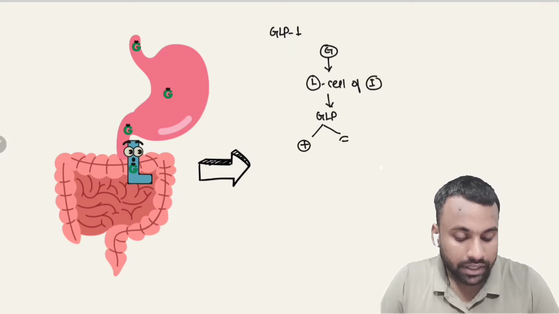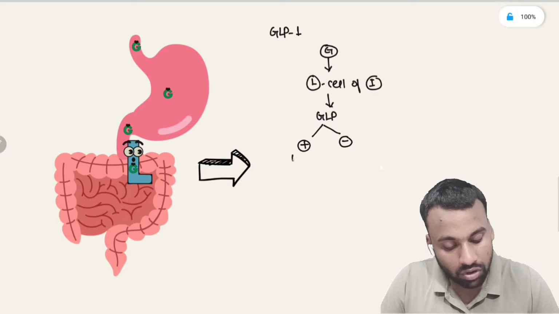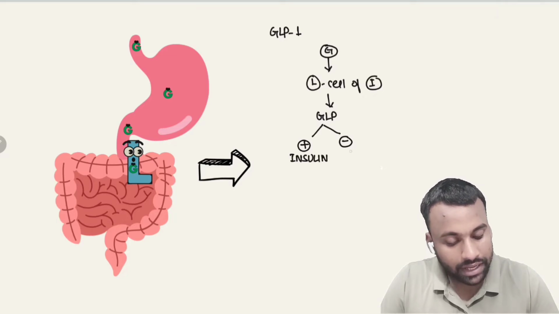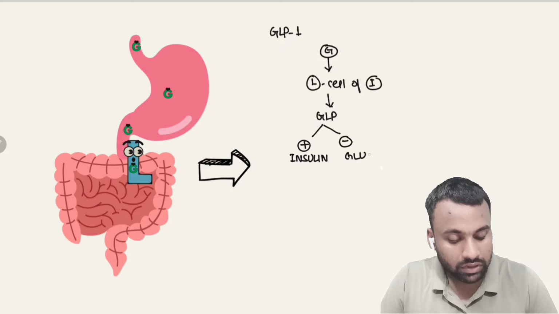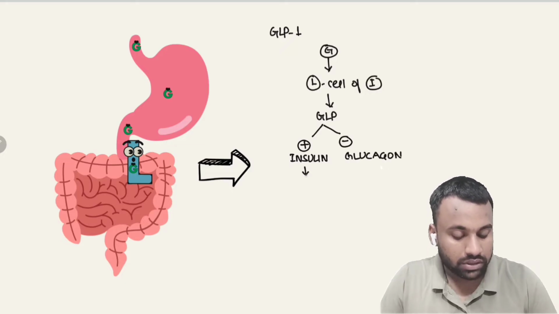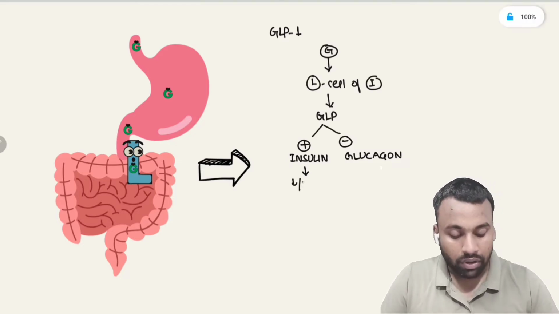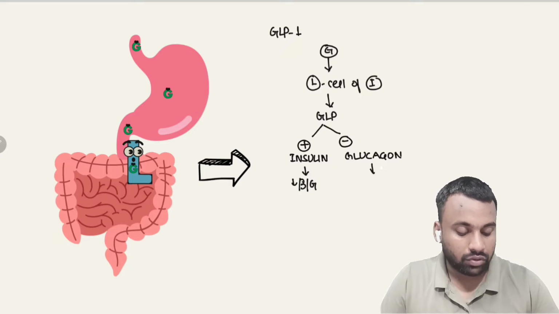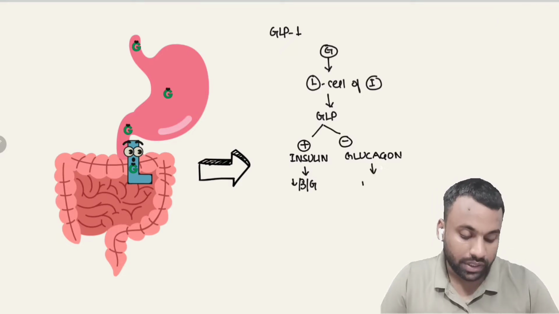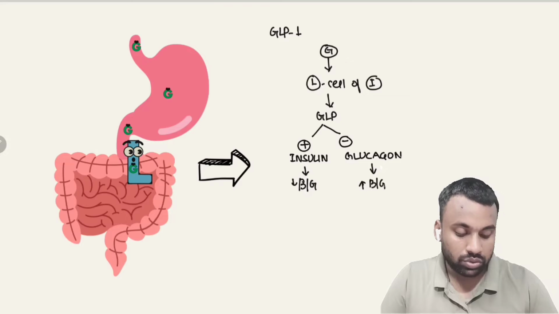This GLP is responsible for activation of insulin and deactivation of glucagon. The function of insulin is to decrease the blood glucose level, and glucagon increases the blood glucose level.